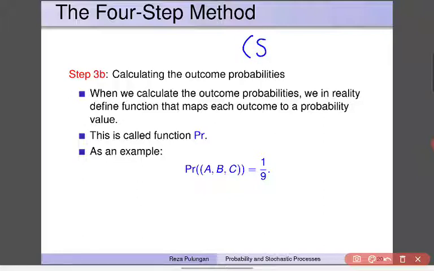Previously in the first step we defined the sample space. Now in this step we define the probability function. As an example, we just basically define the probability of ABC is equal to 1/9. We perform this mapping.